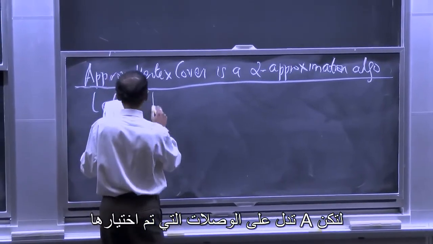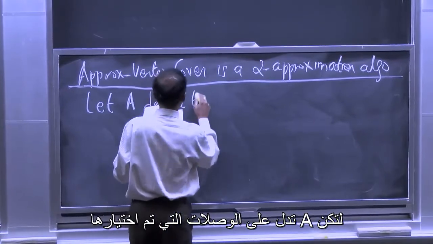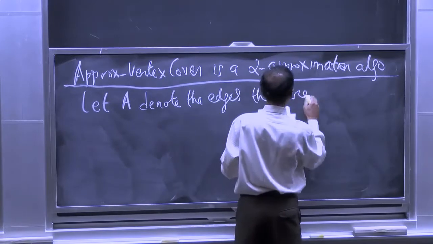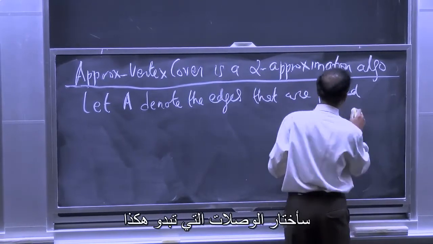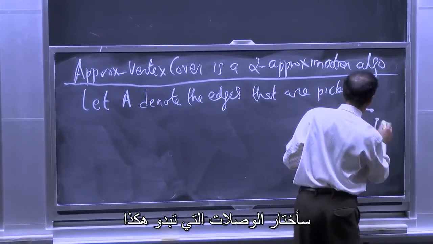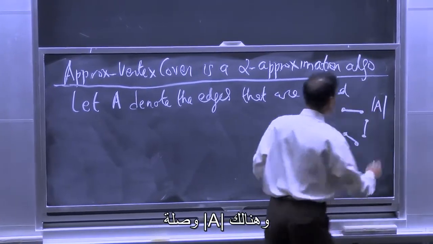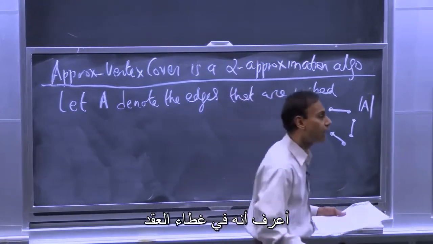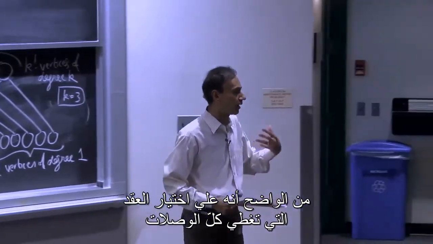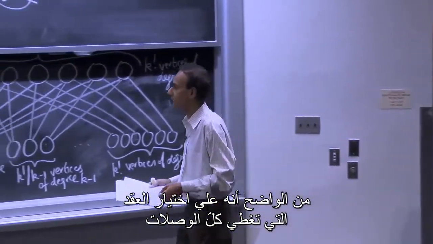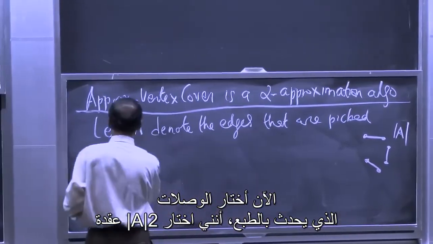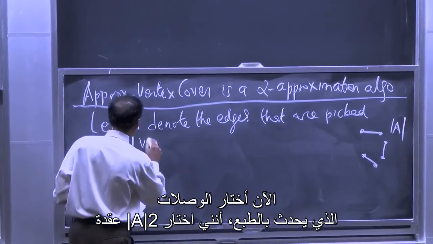So let A denote the edges that are picked. So I'm going to get edges that look like that. Okay? And I got cardinality of A edges. I know that in my vertex cover I obviously have to pick vertices that cover all the edges. Now I'm picking edges, and what's happening, of course, is that I'm picking 2A vertices.